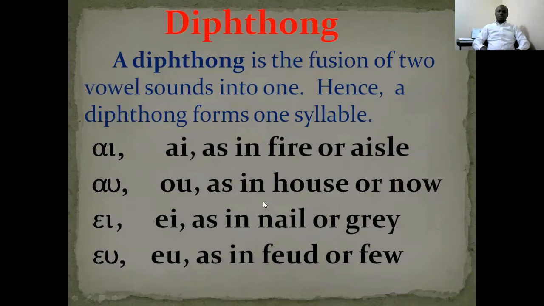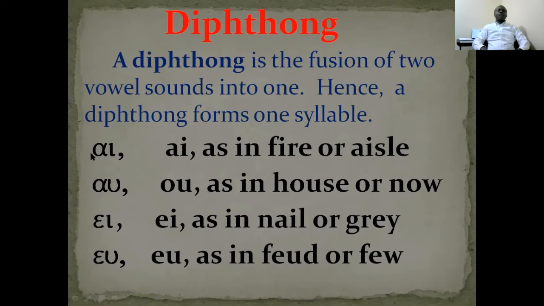Now the diphthongs. A diphthong is the fusion of two vowel sounds into one. Hence, a diphthong forms one syllable. Furthermore, iota and upsilon are referred to as high vowels because they habitually join other vowels to form a diphthong.